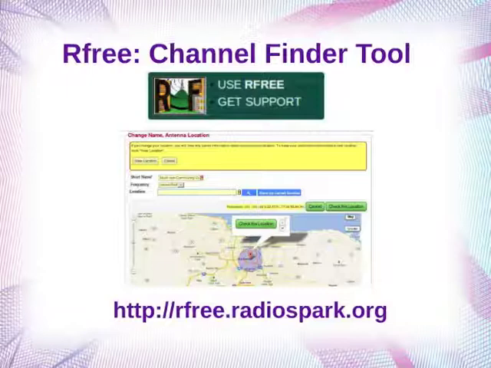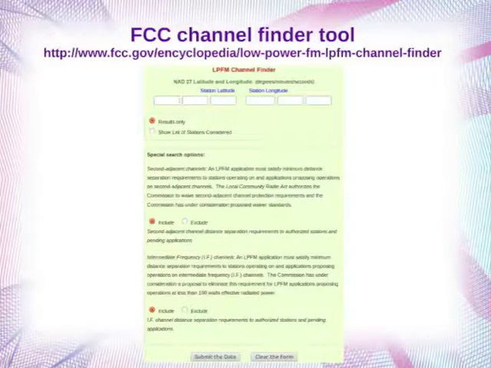Or you can use the FCC channel finder tool, but in order to find whether there is an available frequency with this tool, you need to enter the coordinates of the location where you want to be applying for a radio station. And the coordinates need to be in the format NAD27, which is the format that the FCC uses for the application.